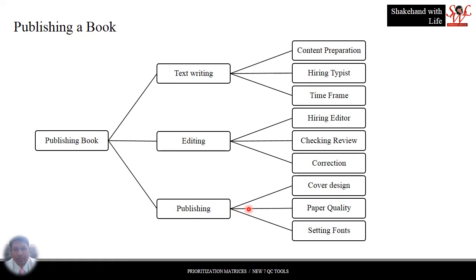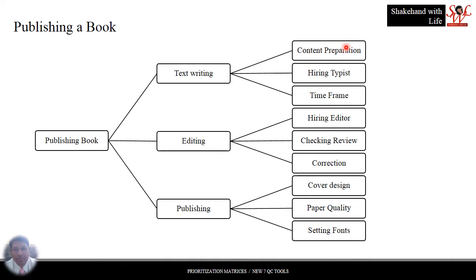In the publishing area he has to design a cover page. The publisher designs a cover page, then gives consent for the paper quality, what kind of paper is used in the book, and then font setting for the text in the book.